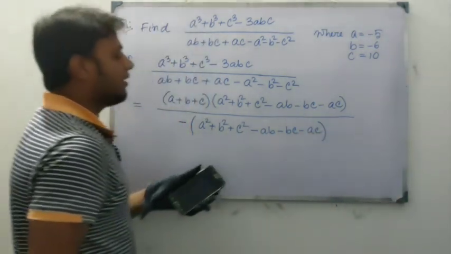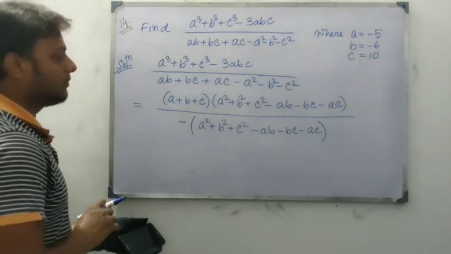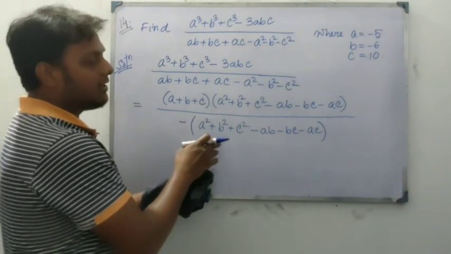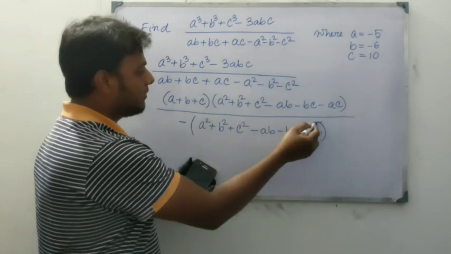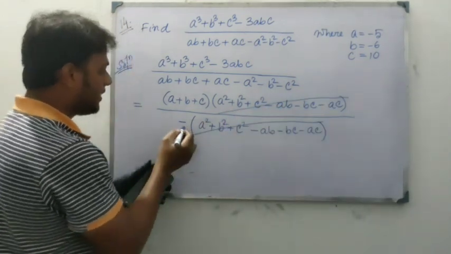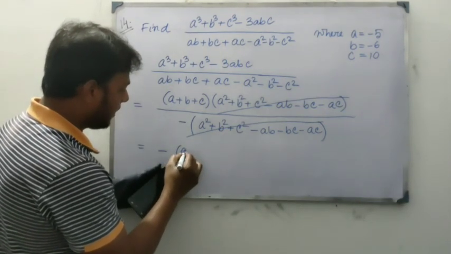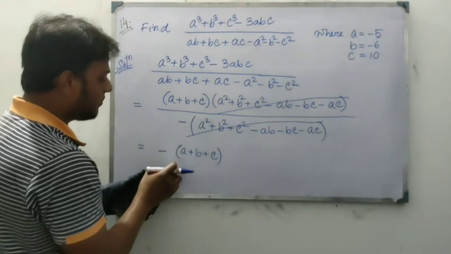So we get some advantage. How? This term and this term will be cancelled out. See, this term and this term. So ultimately this minus and this (a + b + c) is nothing but minus of (a + b + c); my minus was there, I have considered it.